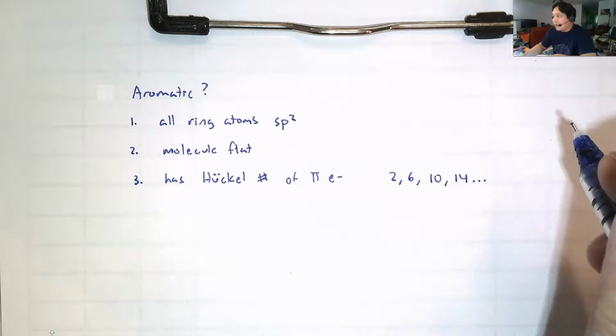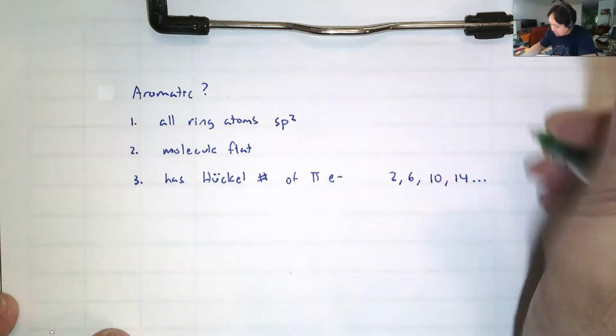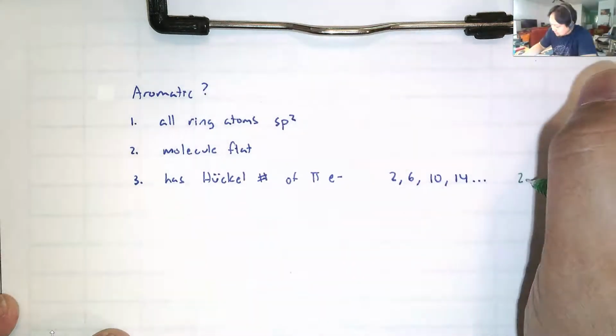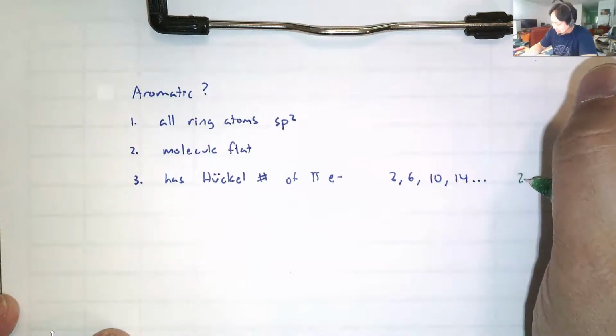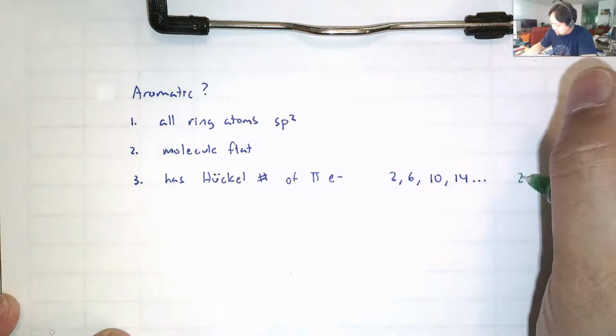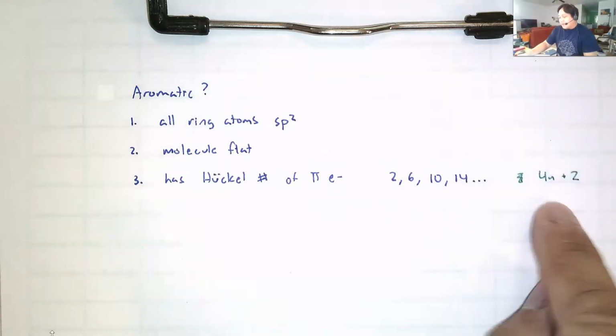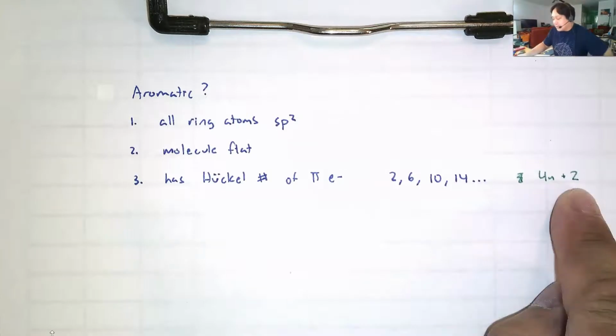So the formula that you see in the textbook would be 4n plus 2. If n equals 0, that's 2.